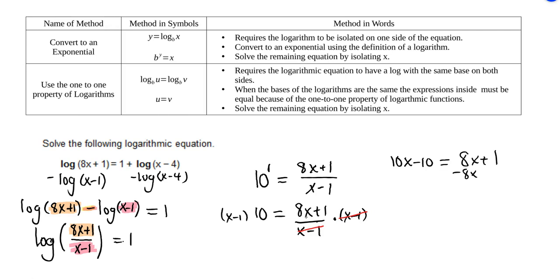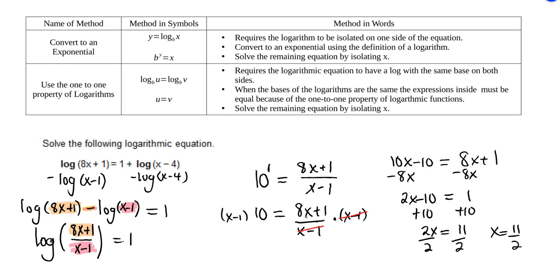I want to get all the x's onto the same side, so I subtract 8x. That's 2x minus 40 equals 1. Now that I've got all the x's on one side, I'll get x by itself. I'm going to add 40 to both sides. That's 2x equals 41. Divide both sides by 2, and I have x equals 41 over 2.